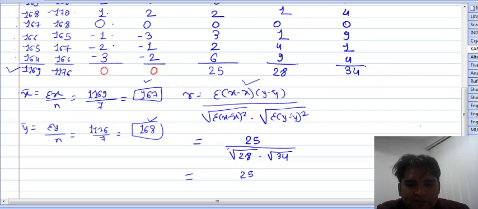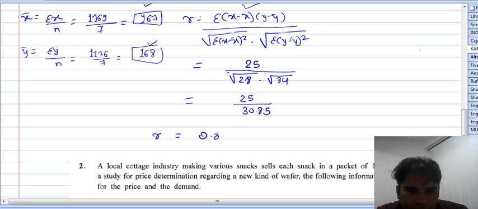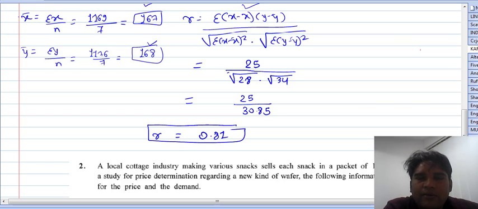So 25 divided by 30.85, right? Now 25 divided by 30.85. So r is equal to 0.81, right? So r is equal to 0.81.